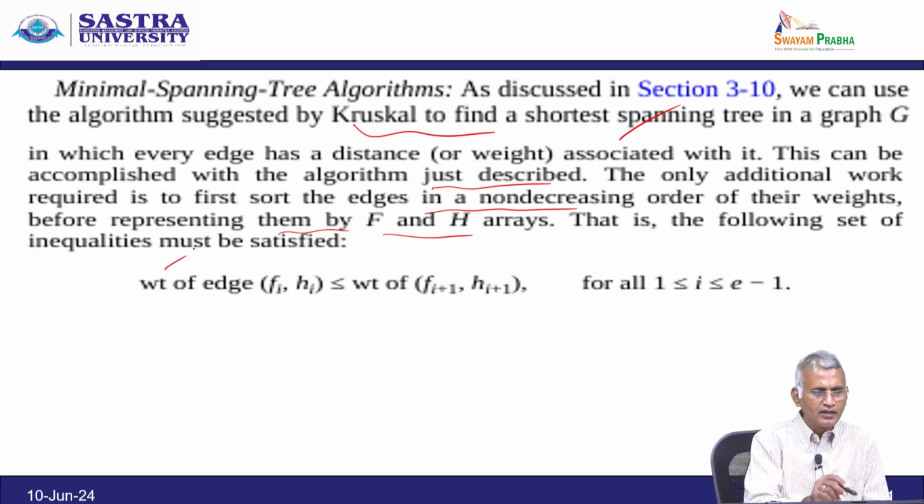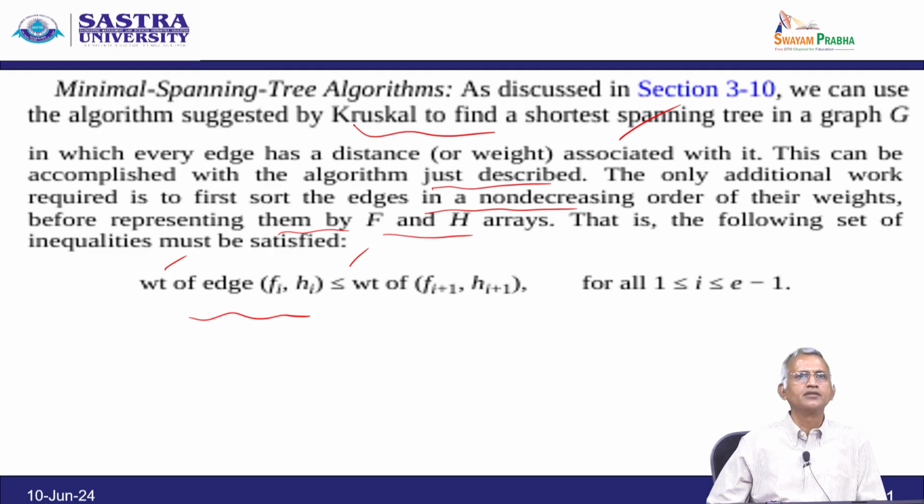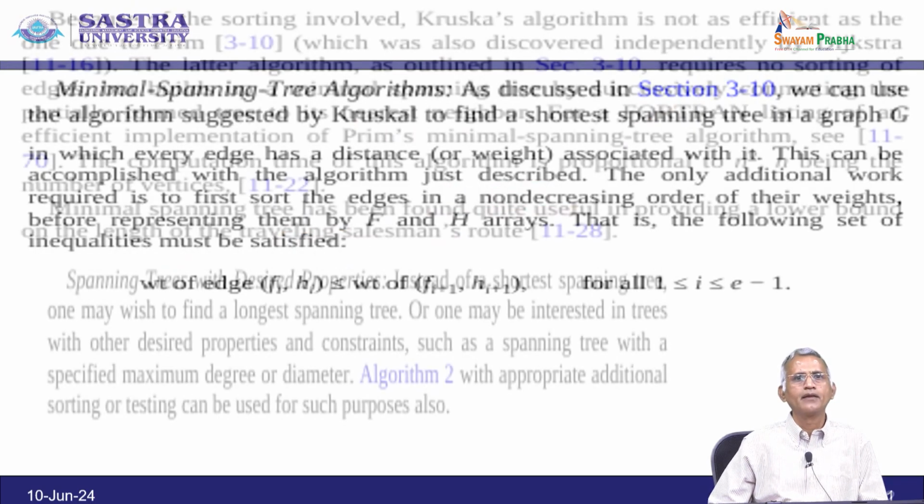It follows that the inequality must be satisfied: the weight of the edge fi, hi and the weight of the next edge fi plus 1, hi plus 1; check these two weights, one must be less than or equal to the other, then we go to the next step. That is called the minimal spanning tree algorithm, or the Kruskal algorithm.